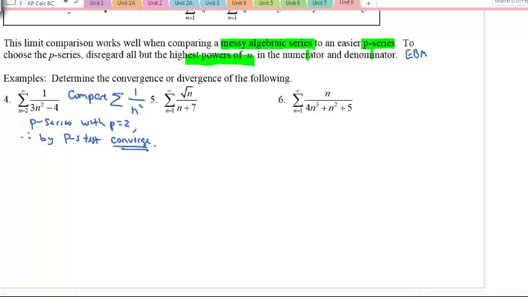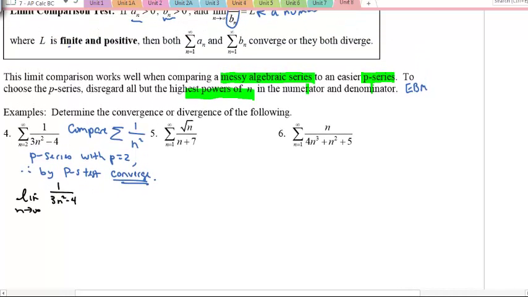So knowing that, let's now apply the limit comparison test and take the limit as n approaches infinity of our original series, 1 over 3n squared minus 4. That's our a sub n. And let's divide this by our b, the one we chose to compare it to.